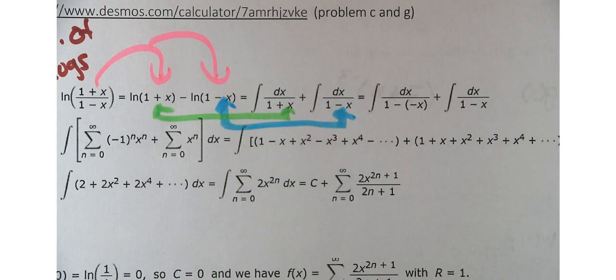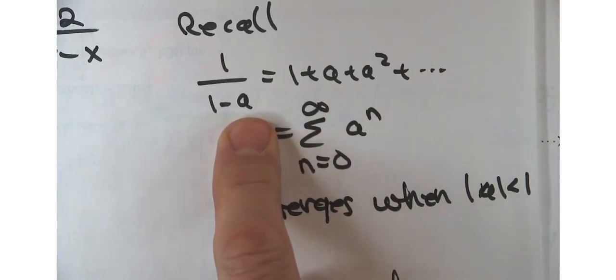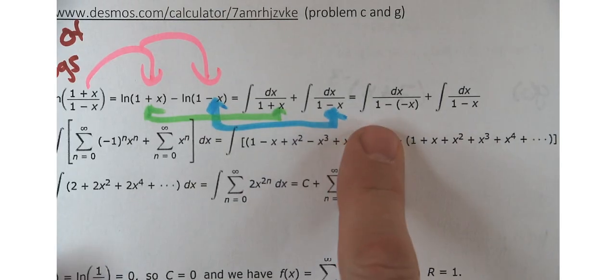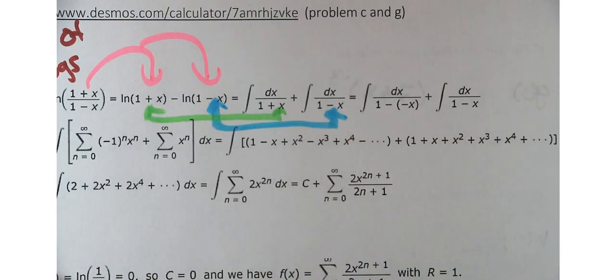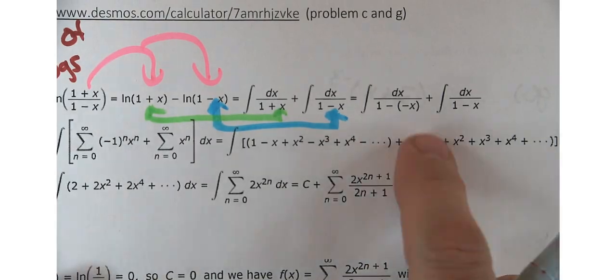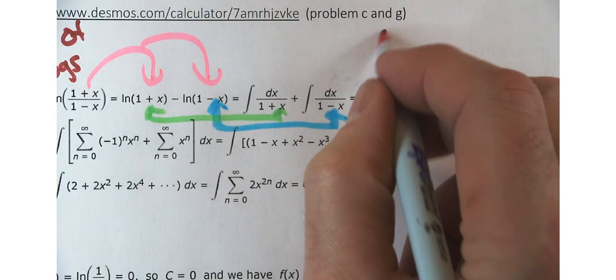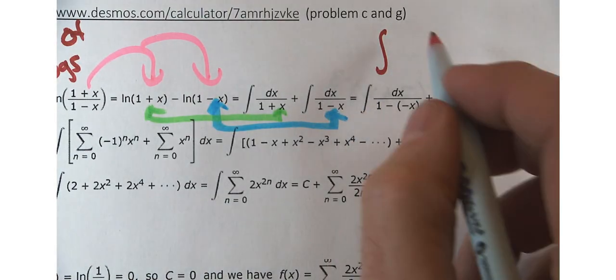So let me go back to our first page here. We're fitting it into this. So it fits in with a minus x. Now there is one little subtle thing that's going to happen here that's not on this. So let me put it in for you here. I'm going to bring these two terms together.